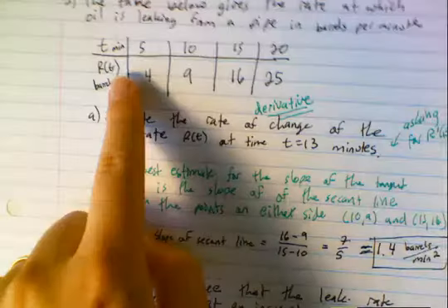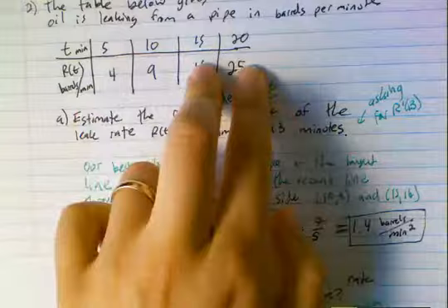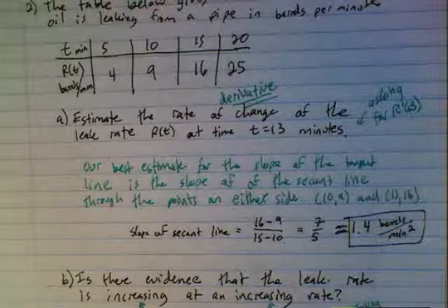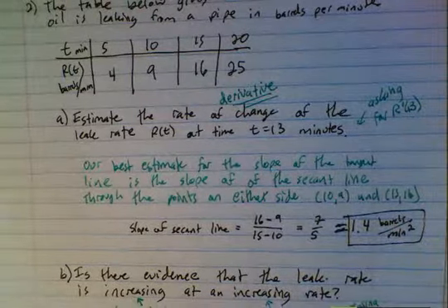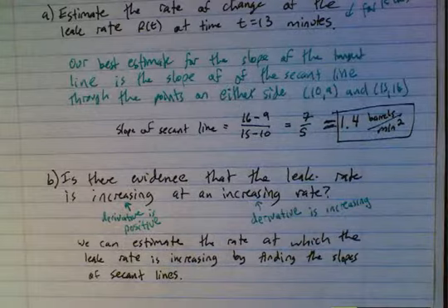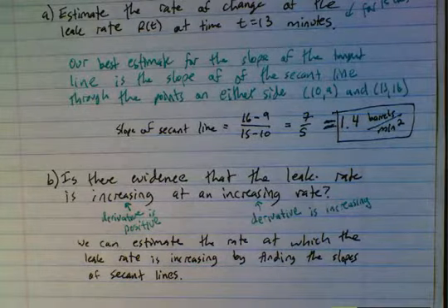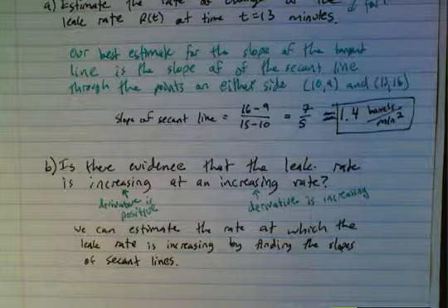Basically, the secant line between each pair of points is our best estimate for the derivative of the points in between. And so if we see that the derivative is increasing over time, that means that the leak rate is increasing at an increasing rate.